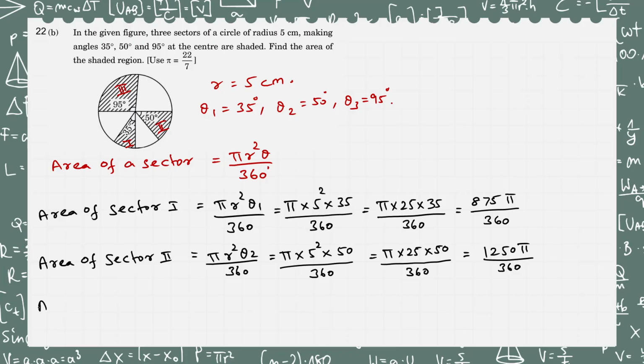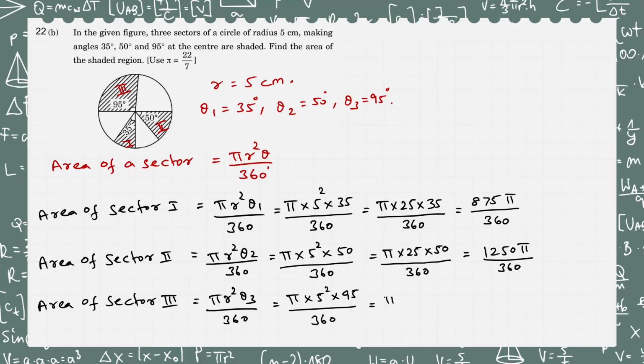And the third sector's area, area of sector 3 equal to pi r square theta 3 divided by 360, that is pi into 5 square into 95 divided by 360. This is pi into 25 into 95 divided by 360 and that will be 2375 pi divided by 360.